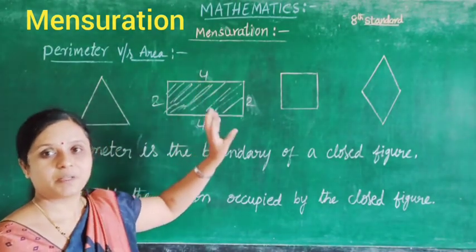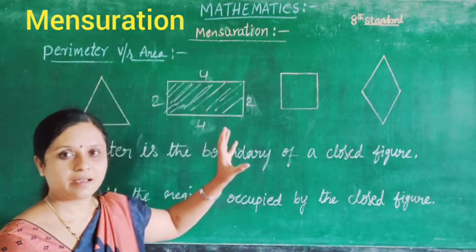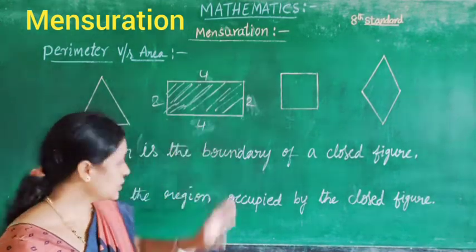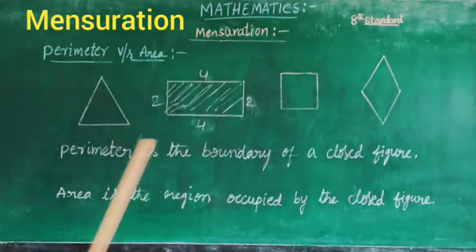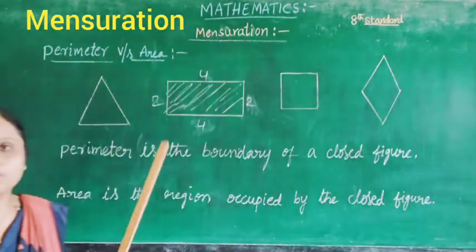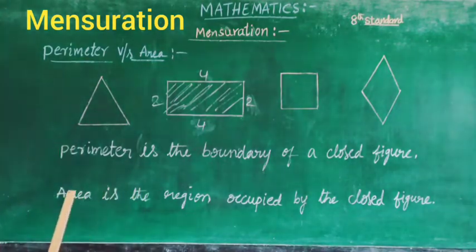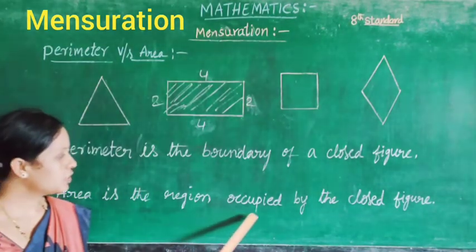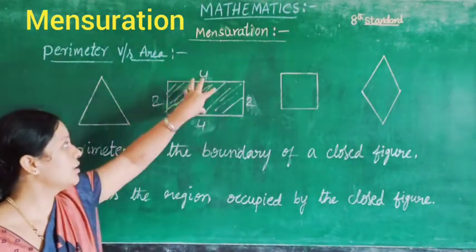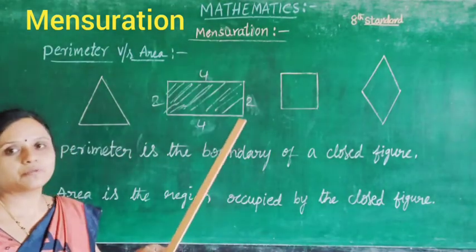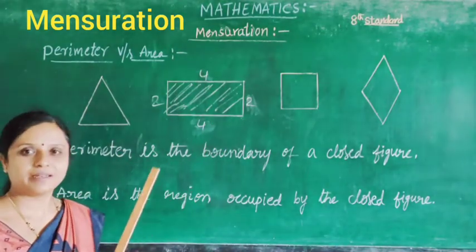That quantity of place is the area. So how much quantity of that area is within that enclosed figure? That's what area is: the region occupied by the closed figure is called area.